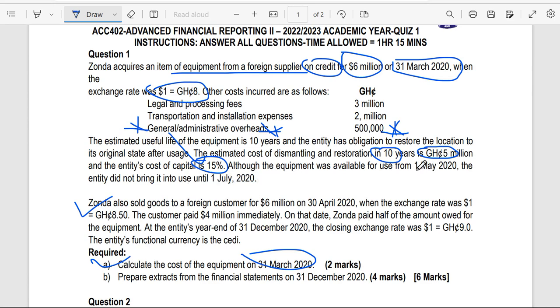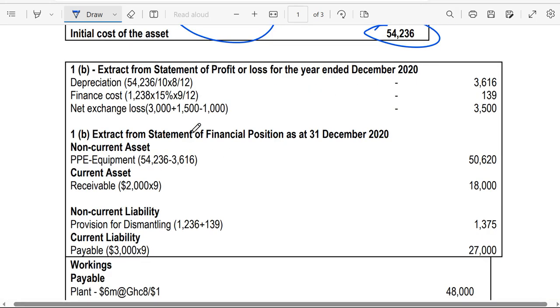So your depreciation is from 1st May when it was available for use. So 1st May to December is May, June, July, August, September, October, November, December, which gives you 8 months depreciation. So we calculated depreciation for 8 months, and that is it.